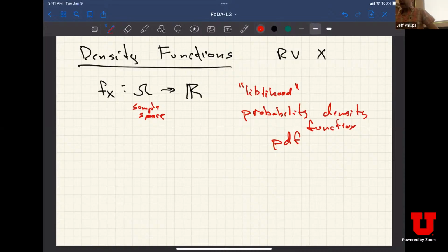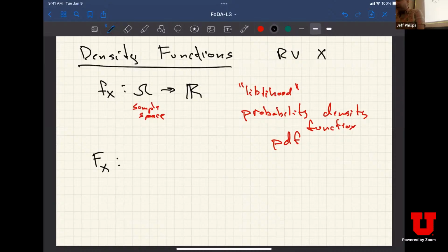Okay, and then I want to talk about the probability of these things. I need to put some rules on what the PDF can take, and to do that, it's actually easier to talk about another function, uppercase F of x. It's the same random variable.